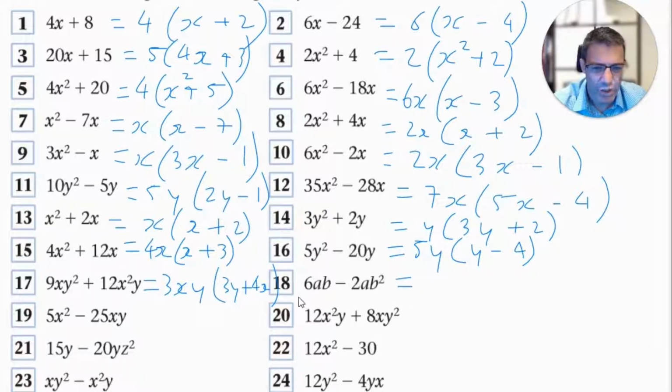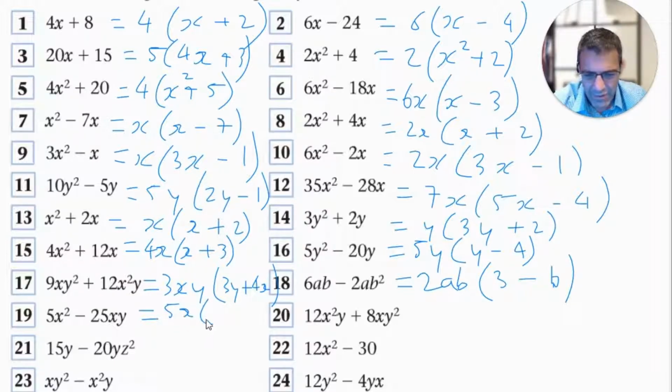This one's similar. I can take out 2ab, so I'm going to go ahead and do that. Now luckily I have more space on this side. 2ab factor of 3, and then the ab's are accounted for, minus b. I want to say this is 3 take away b. Yep, that's right. And then here I can take out 5x, so 5x factor of x minus 5y.